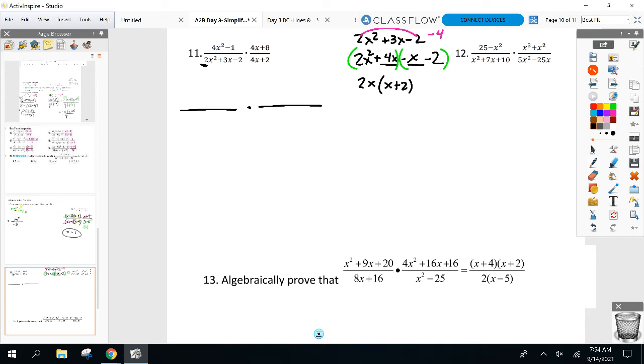Not just the negative. -1, yep. And that changes the signs inside, so what are you left with? X plus 2. Good job. All right, you got one more step to finish grouping. What's common in both sides? X plus 2. Okay. Times what's left over for the other parenthesis. 2x minus 1. There you go.